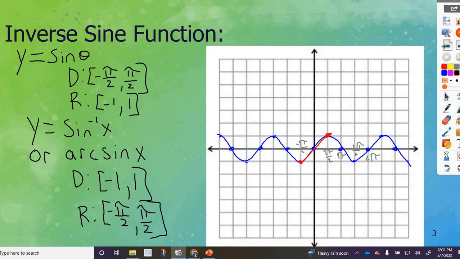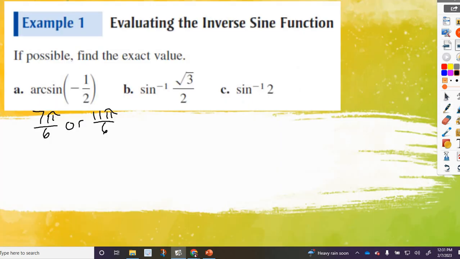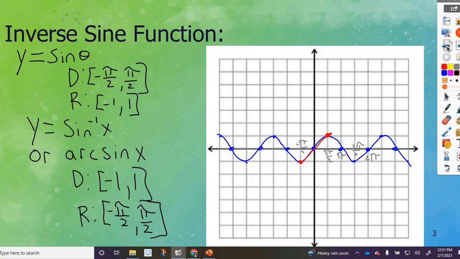Again, it has to have a reference angle of pi over 6, right? That's how we got those two. And we know that it can't be pi over 6 because that would be positive. So we know we have to go backwards. So going backwards, what's going to have a reference angle of pi over 6?